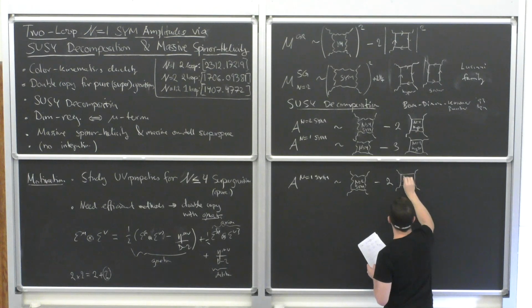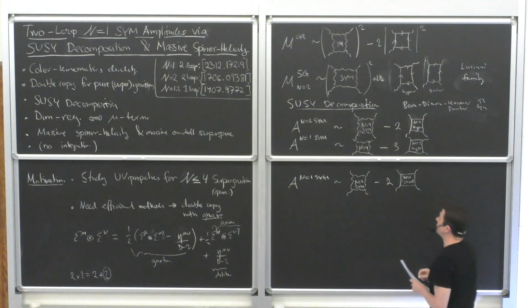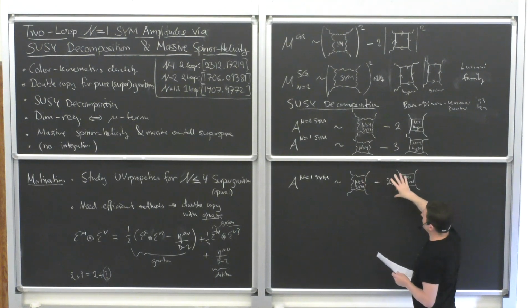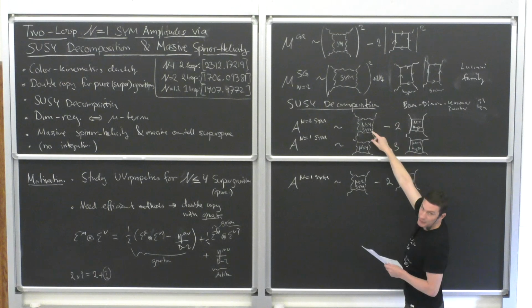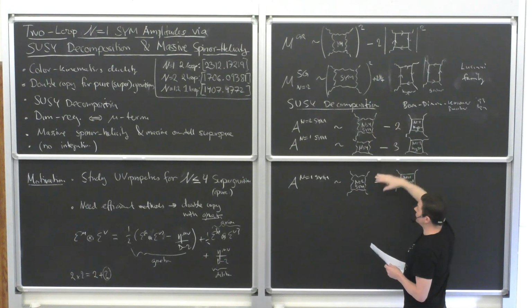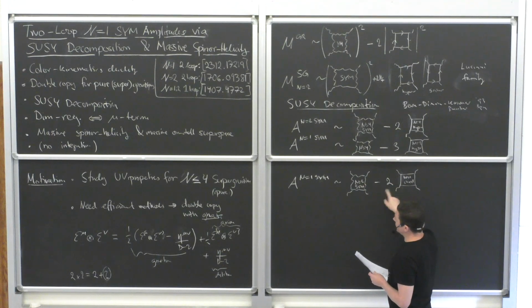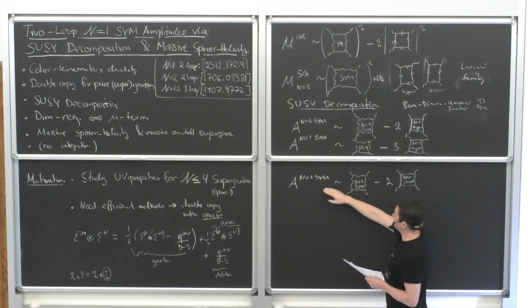So n equals 1. Right. So you see that in this way of writing it, this identity is basically the same type of identity as here, right? You start from the theory which has more supersymmetry, and then you subtract the matter content appropriate for the theory you want, right?